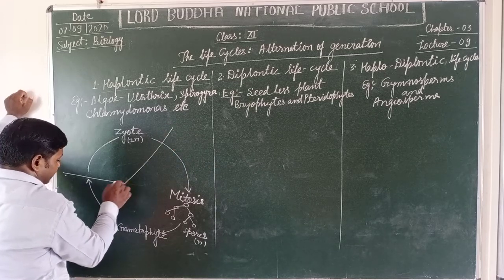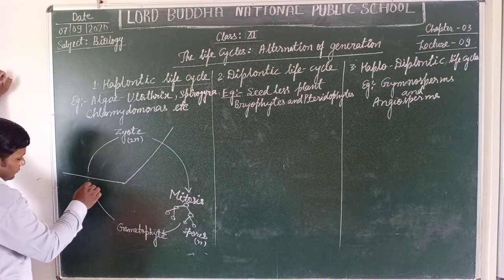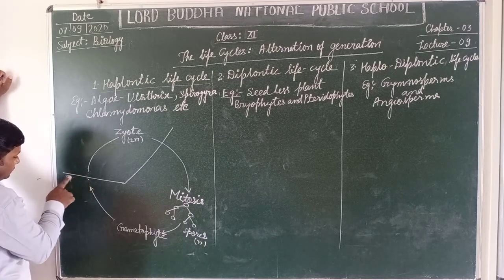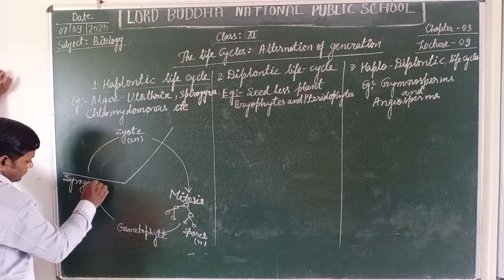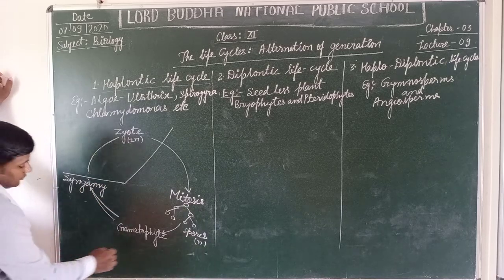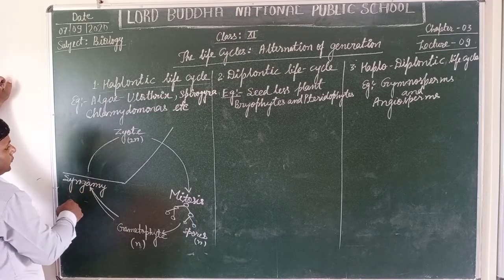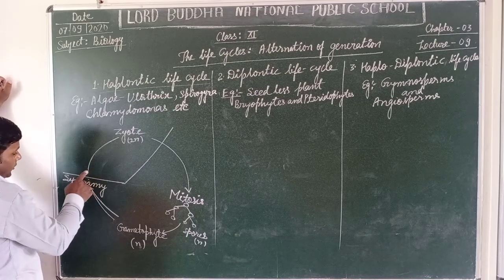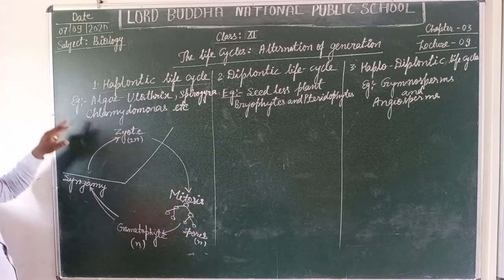The syngamy means fusion of two gametes, n and n, to further form the zygote.